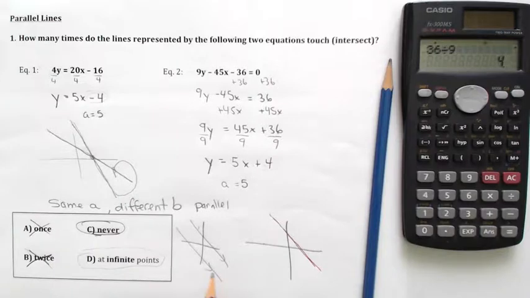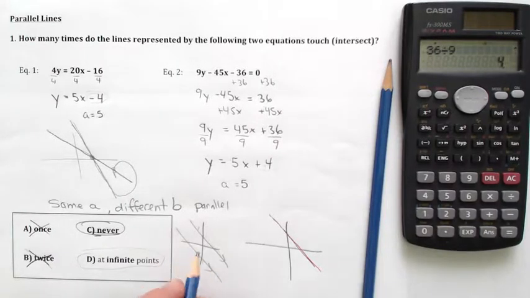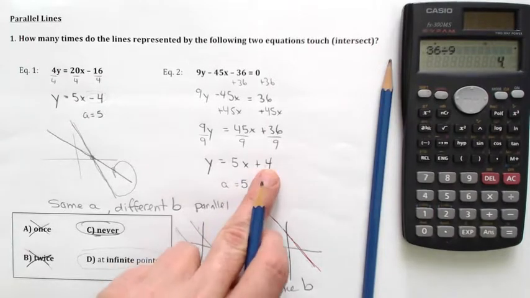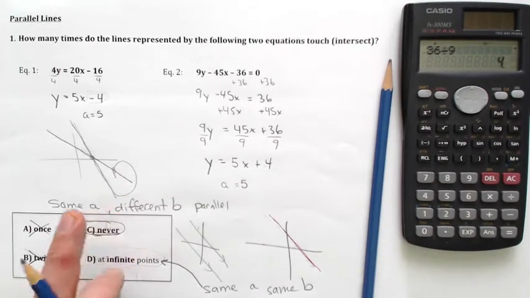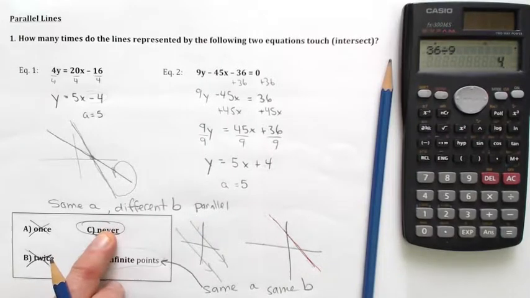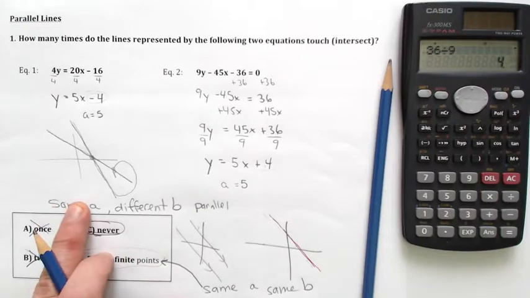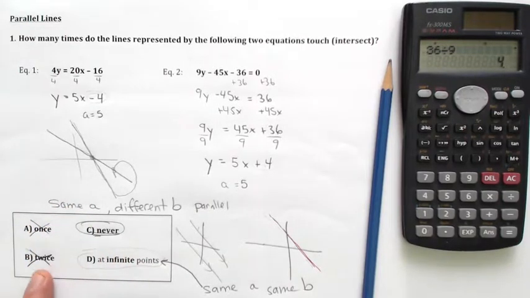If you had the same a, same b, well, then you'd be dealing with lines that overlay each other and would have infinite solutions. But that's not the case because we can see our b's are different. We're dealing with same a, different b. You can write that down as a memory aid. If you've got the same a with different b's, they never touch. If you've got the same a with the same b, they always touch. If you have different a's, they touch once, never twice.